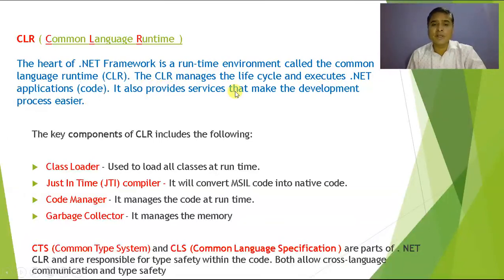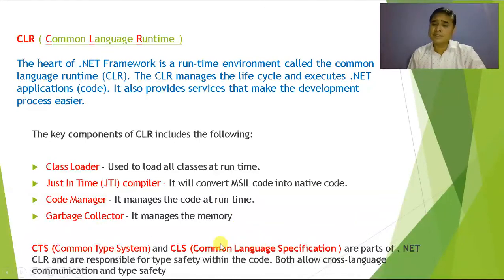It also provides services that make the development process easier. CLR includes a class loader, just-in-time compiler, code manager, and garbage collector. It also has two main components, CTS and CLS.